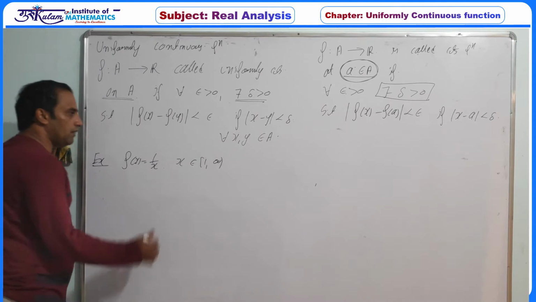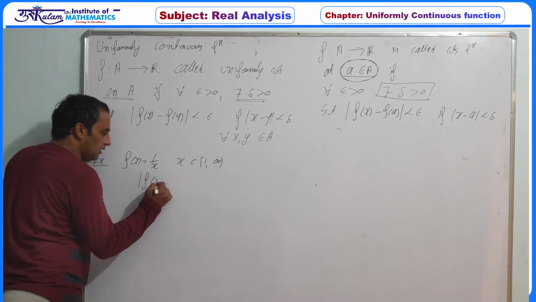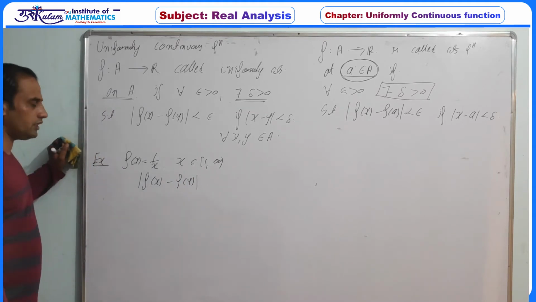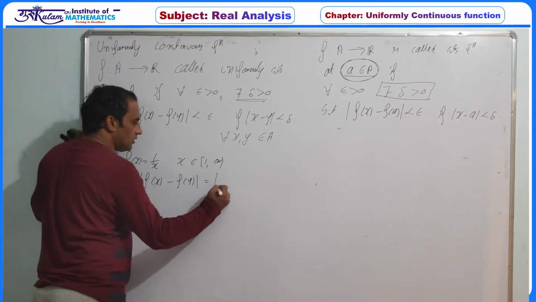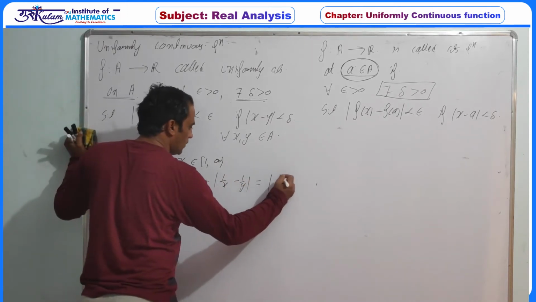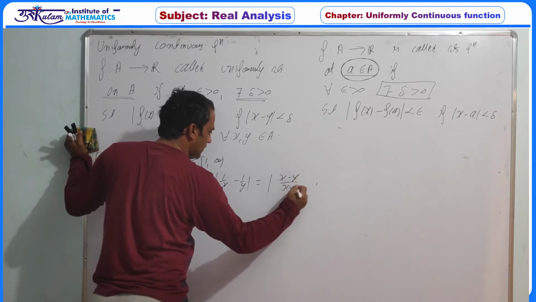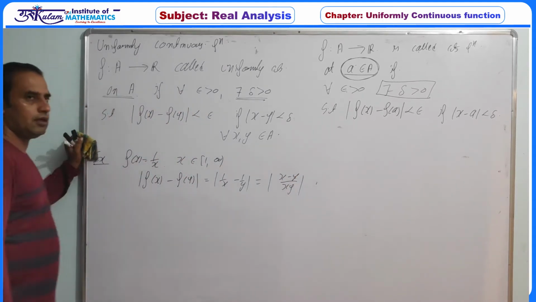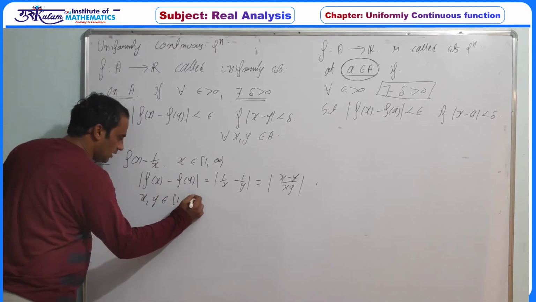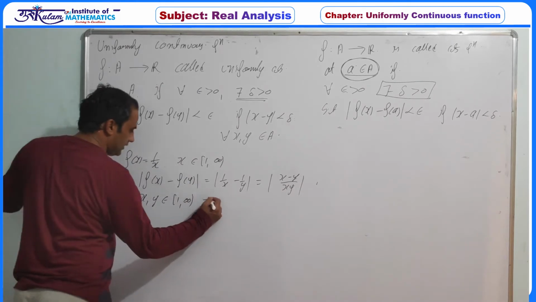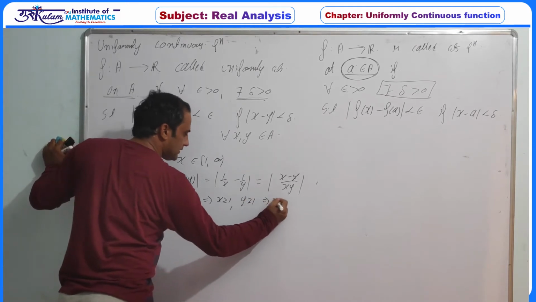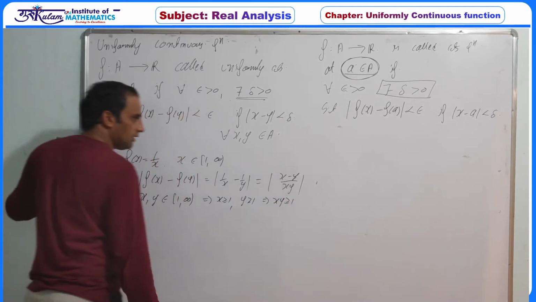Whenever we have to verify uniform continuity, just find the image f(x) minus f(y) and do some calculation. So this is equal to 1 by x minus 1 by y, which is the same as mod of x minus y upon x into y, where x and y belong to [1, infinity). This implies x is greater than or equal to 1, y is greater than or equal to 1, so x into y is also greater than or equal to 1.